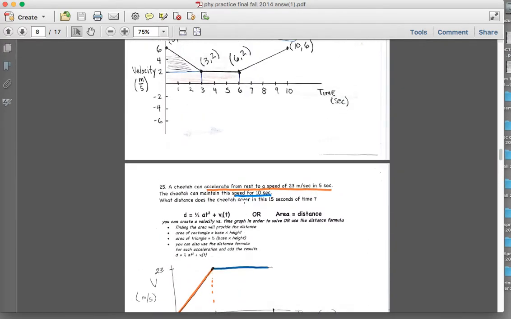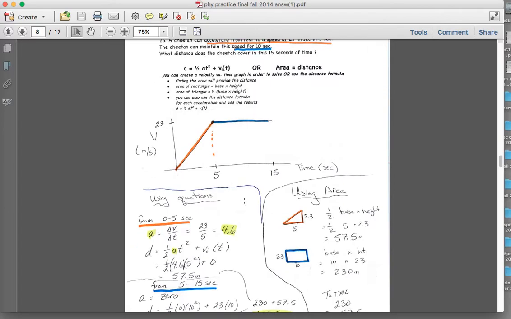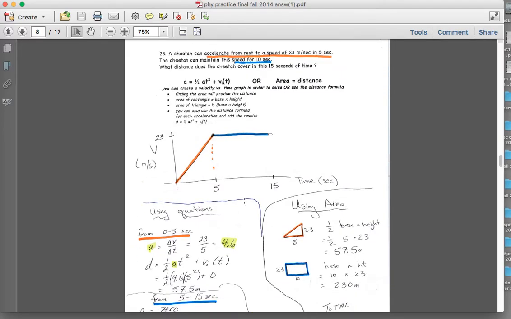All right. Now this one here, you're not given a graph, but I hope you can look at how this animal is moving around and make a little sketch, a little velocity versus time graph from what's given. So this one does say he's starting at rest, so he's sitting there. Over 5 seconds of time, his velocity will get up to 23.